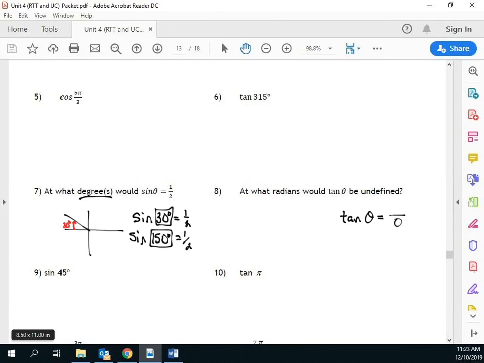Look at your square root, guys. What values are on the denominator for tangent? It's what divided by what? And don't say opposite over adjacent. We're going to use sine and cosine. So I'm actually asking you, the question is, where is cosine 0? Cosine deals with what values, guys? X values. Where is x equal to 0 on the unit circle?